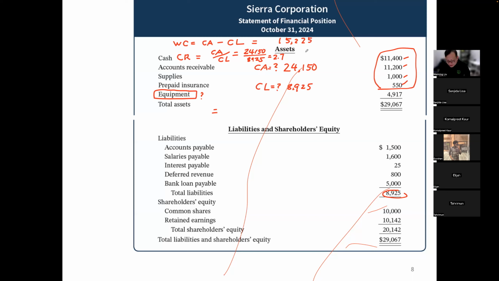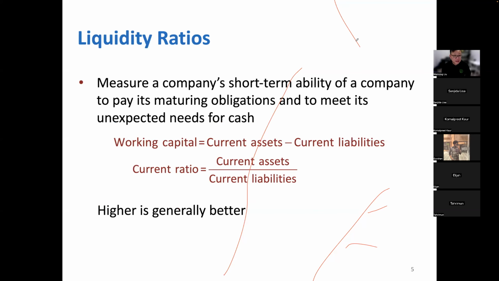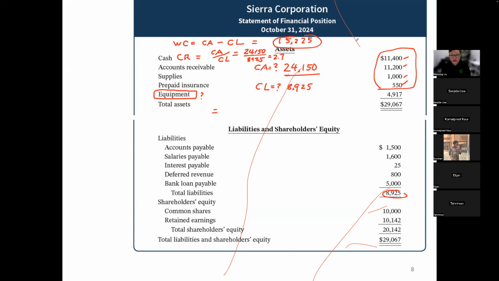The answer is yes, right? See, it's a positive number. If your working capital is a positive number, that's good. And if your current ratio is more than 1, that's good. Okay.